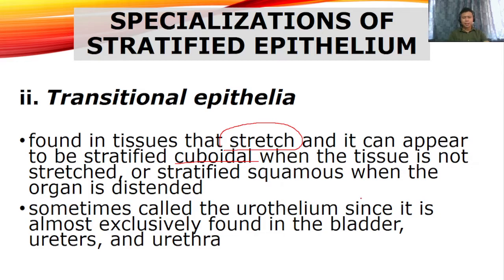Okay, so transitional epithelia, sometimes called the urothelium, since it is almost exclusively found in the bladder, ureters, and urethra. So let's talk about the urinary bladder. As you notice, as we hold our urine, it somehow gets filled with urine material.